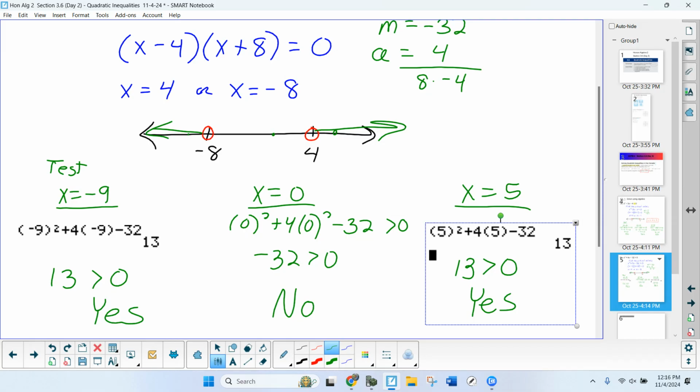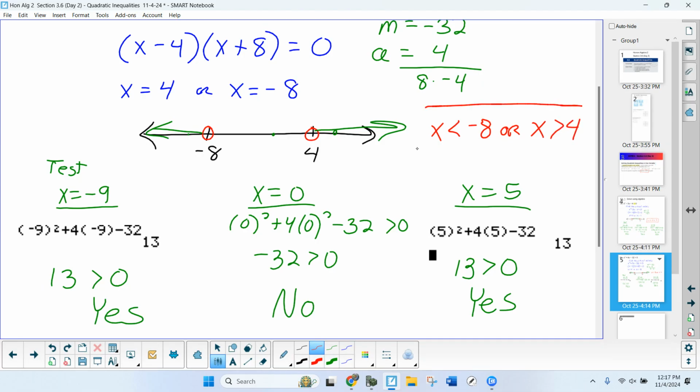What are your two pieces? So Addie, what's this piece? x is what? Greater than. Oh, careful. Less than. Less than what? Negative 8. Or x is greater than 4. Done. And there's your final answer.